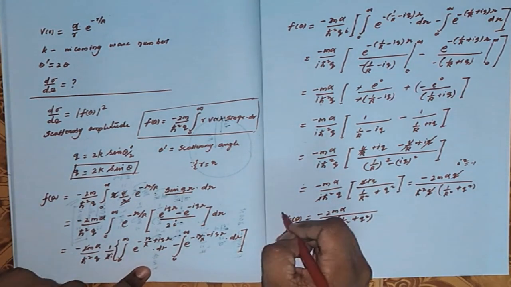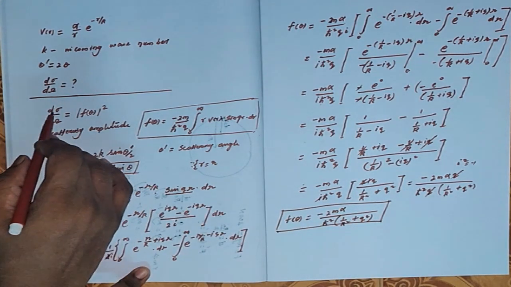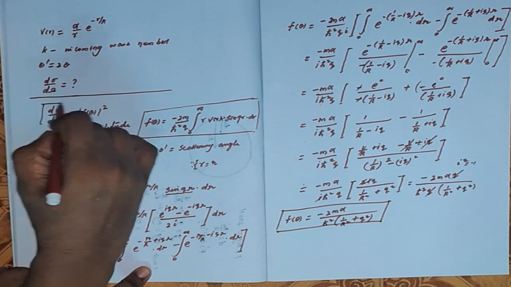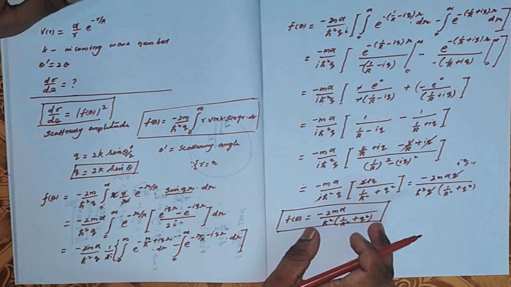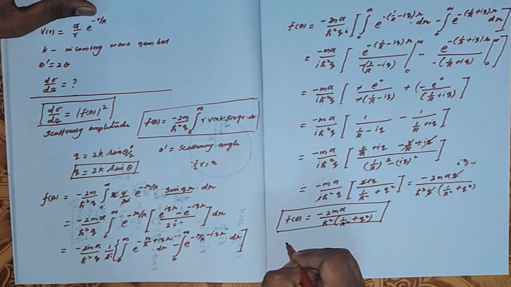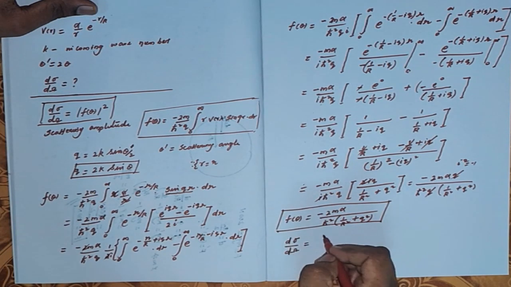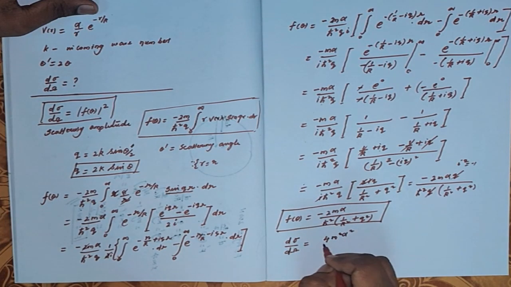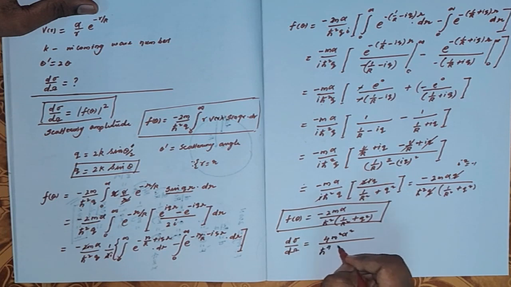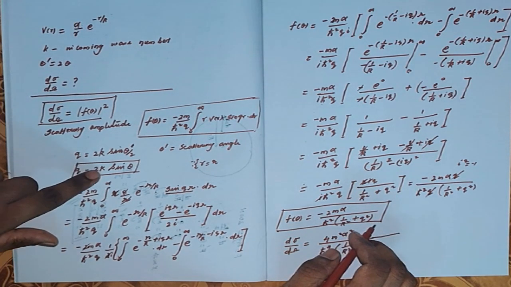This is the scattering amplitude expression for the given problem, but we need to calculate the differential scattering cross section. That means the mod of f theta whole square. You have to take the whole square of it. So the differential scattering cross section d sigma by d omega, if you take the mod, it will become plus. So if you square this, it is 4 m square alpha square divided by h cut power 4, times (1/r square plus q) squared, where we already defined q as 2k sin theta.